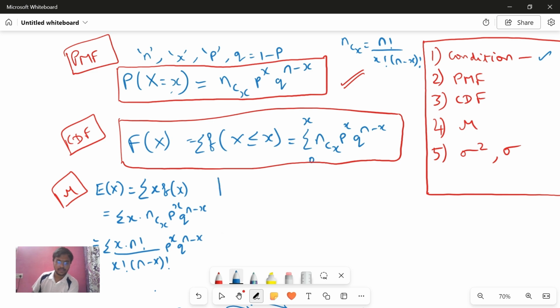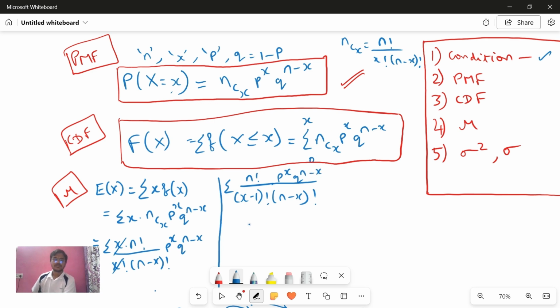Now we can cancel this x. If you cancel x from x factorial, x minus 1 factorial will remain. So n factorial by x minus 1 factorial into n minus x factorial into p power x into q power n minus x.